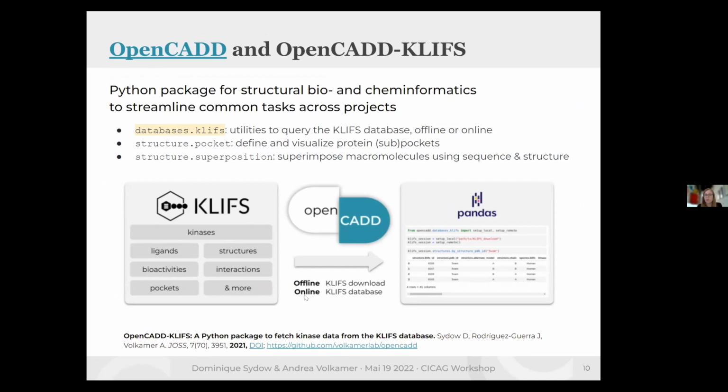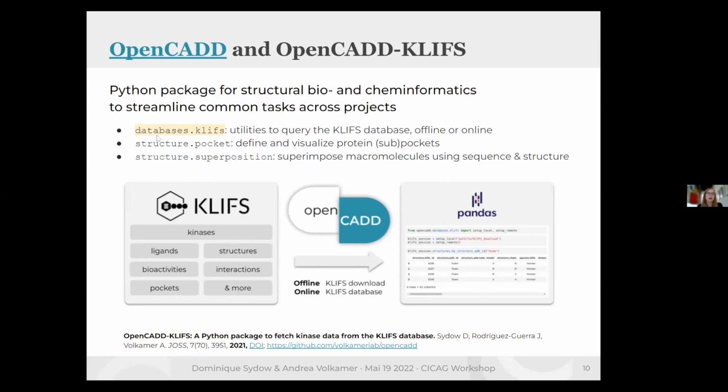This can be done offline or online, and with a simple structure by structure PDB query or so, you can get all the information. So what Albert showed you on the website, you can do here programmatically, and you get the result as a pandas data frame, and you can use that throughout your notebook. And Dominique will show you an example of this later.